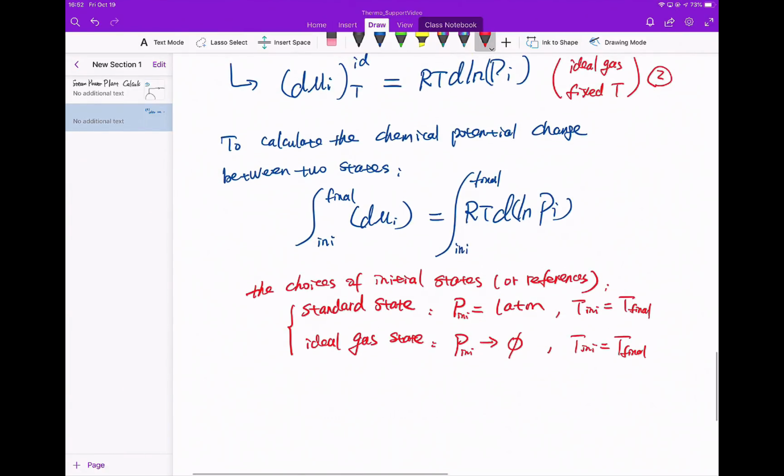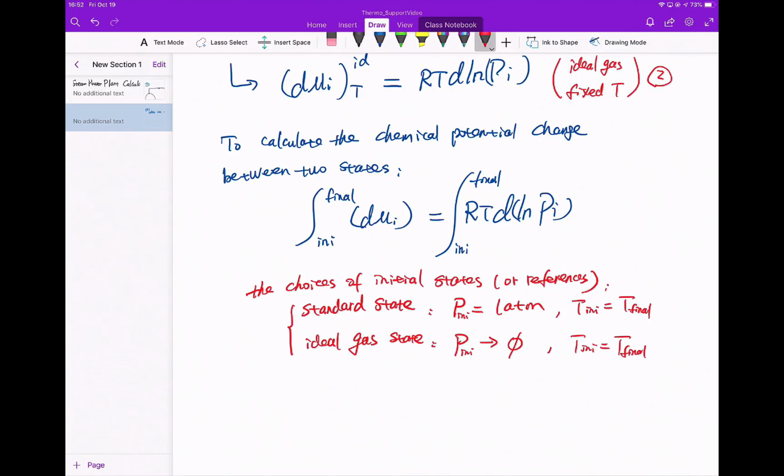This is 1. The other is as Lewis realized, that we have to satisfy the ideal gas assumption. So what about real gases?